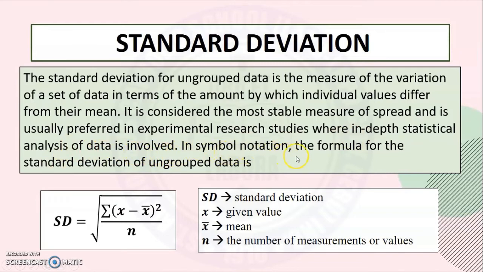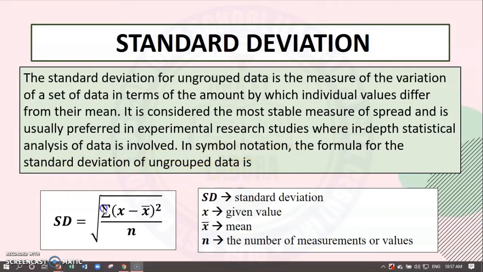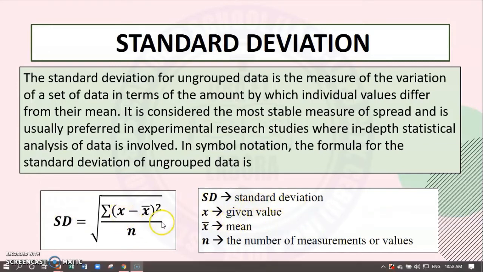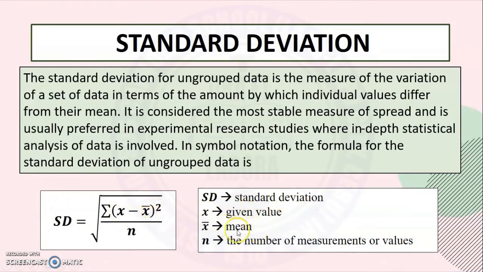In symbol notation, the formula for the standard deviation of ungrouped data is: SD is equal to the square root of the sum of all values of (x minus mean) squared divided by n. SD stands for standard deviation, x stands for the given value, x-bar stands for the mean, and n stands for the number of measurements or values.